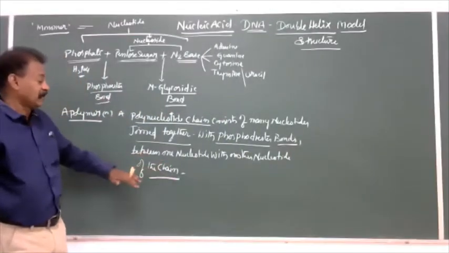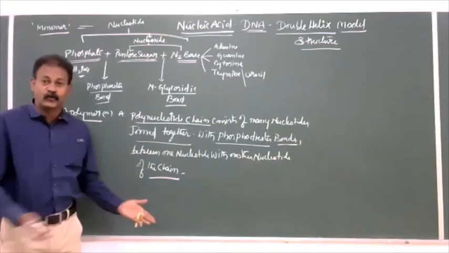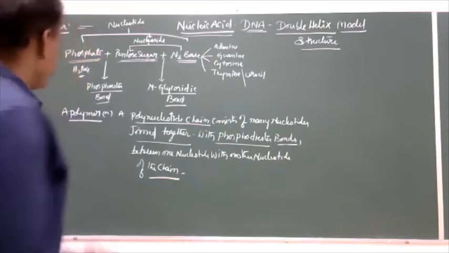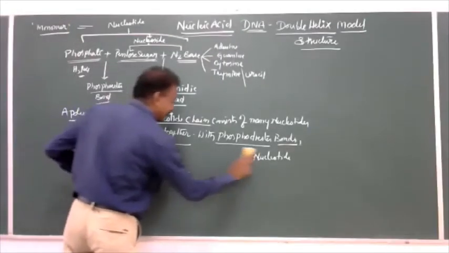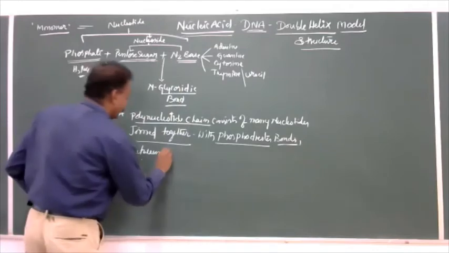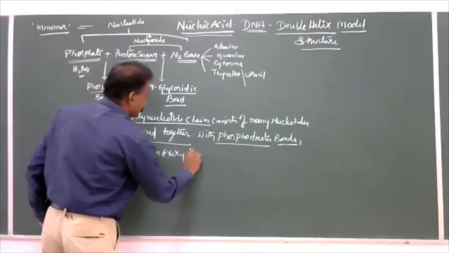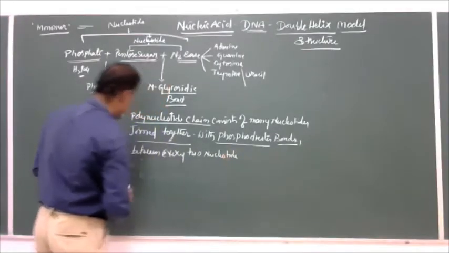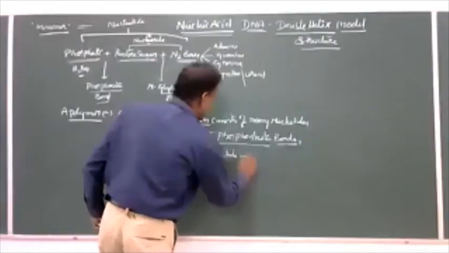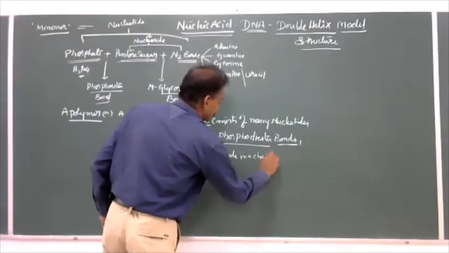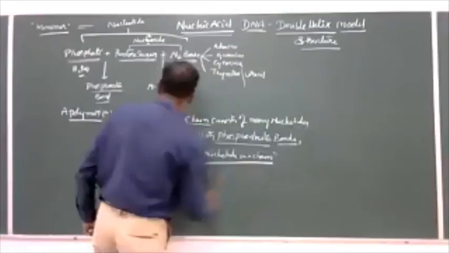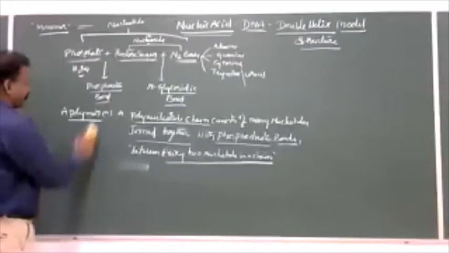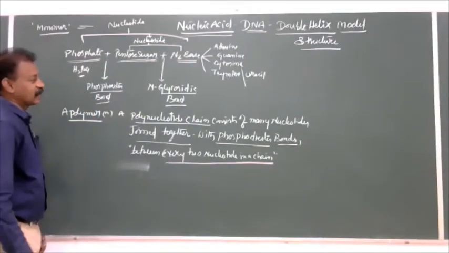Bonds between every two nucleotides in a chain. So there are phosphodiester bonds, phosphoester bonds and glycosidic bonds.